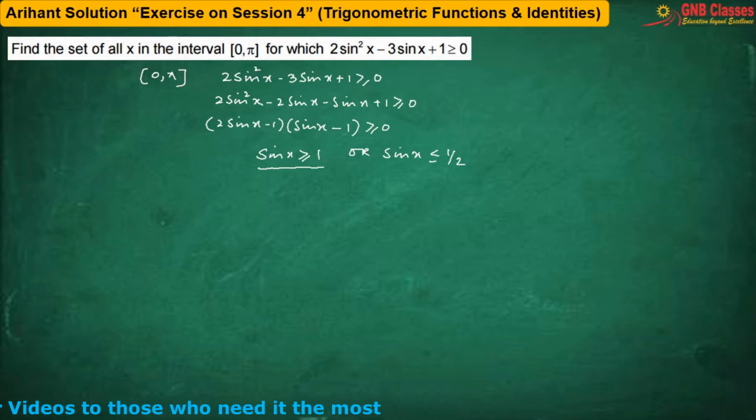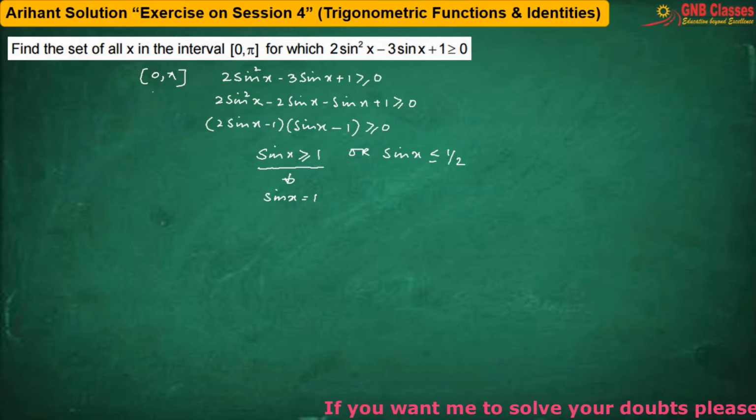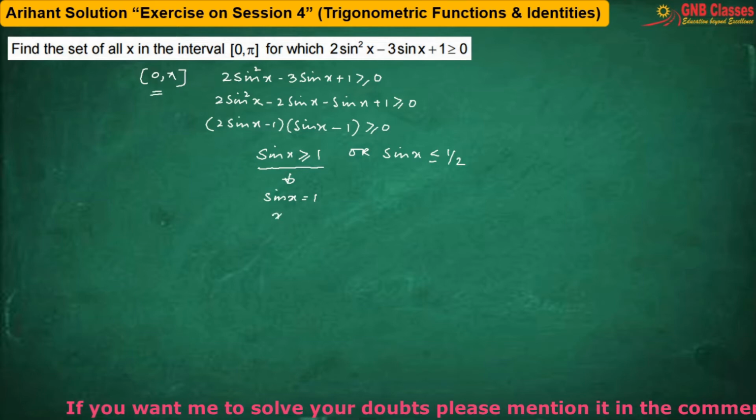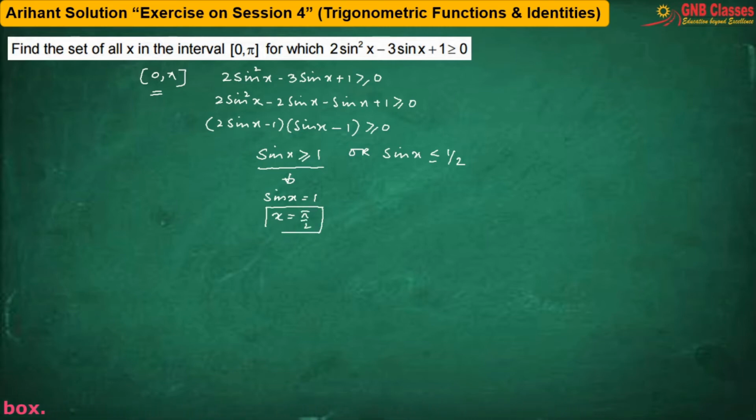Now, from the first inequation, which is sine x is greater than equals to 1, this is only possible when sine x equals to 1. Because as we know that sine x always lies between minus 1 and 1, hence sine x cannot be greater than 1. Therefore, sine x is equals to 1. Now, within this range 0 to pi, the value of x which will satisfy this equation is pi by 2. Am I correct? So keep this thing in your hand.